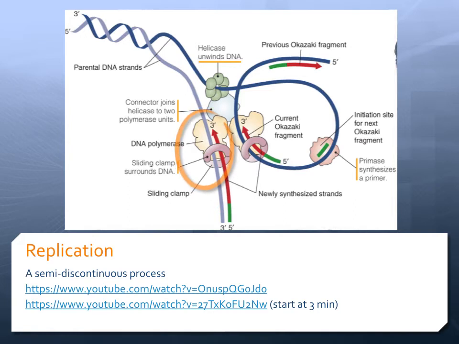Here you have the DNA polymerase that is well attached and maintained on the template, so on the single-stranded DNA of the leading strand. And this is maintained well attached by the clamp that attaches the polymerase on the single-stranded DNA.